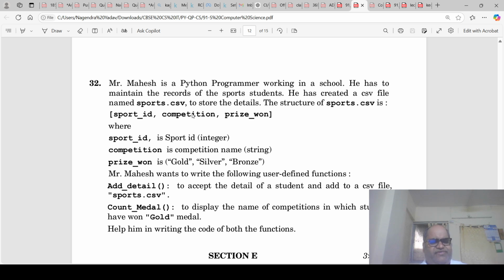You can use the sport ID, and then have competition as well as prize on, and then write a simple iteration where whenever you see the prize on is gold, you keep adding that competition, and then you return or print it.